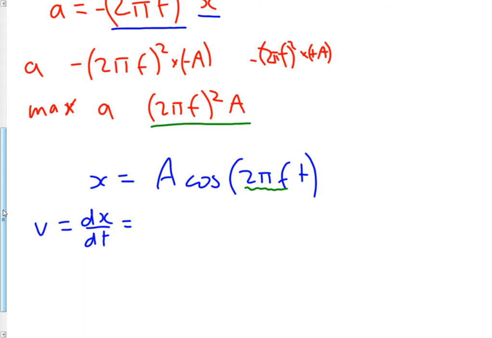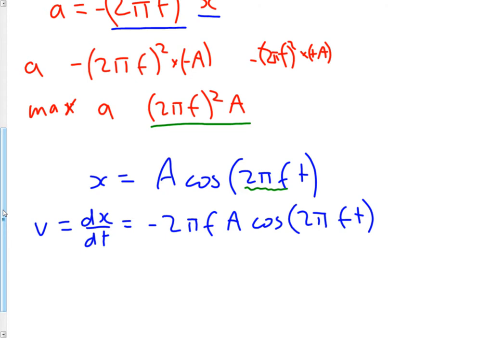So we're going to have minus 2 pi f a sin 2 pi f t. That's our expression for velocity.